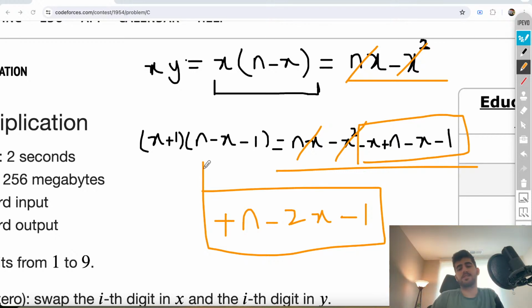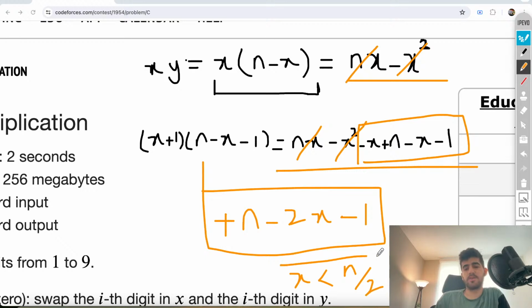Otherwise it doesn't make sense. So if x is less than n half, it's okay to increase x by 1. The effect is going to be non-negative and even positive if it is n half minus 1, for example. So here we can show algebraically that it just makes sense to increase x if x is less than n half.